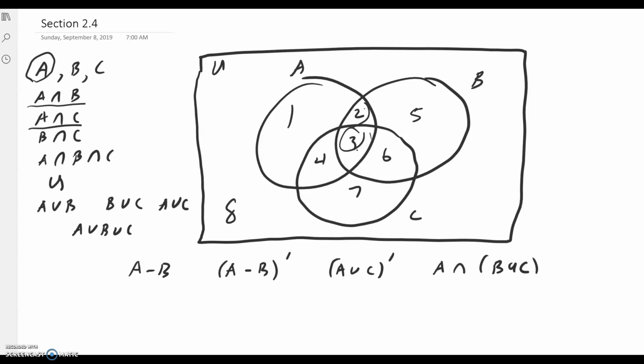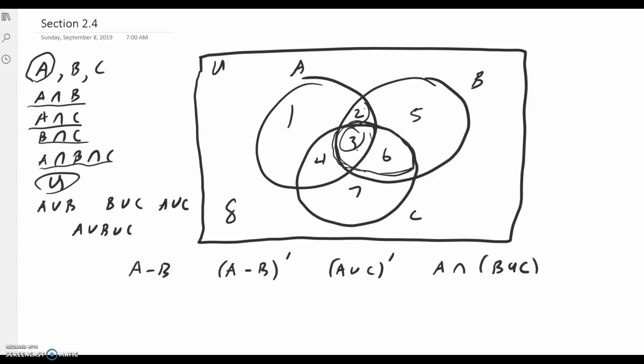These are the numbers that are in both. B intersect C, it's the intersection of the circle B and C. That's the numbers 3 and 6. What about A intersect B intersect C? That's the numbers that are in all three circles, and that's just this central part, 3.